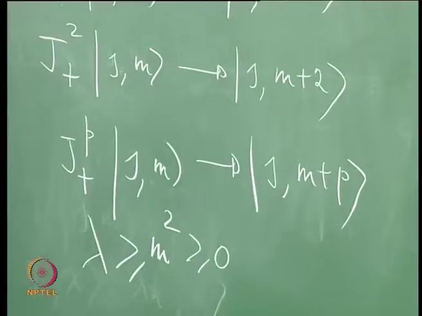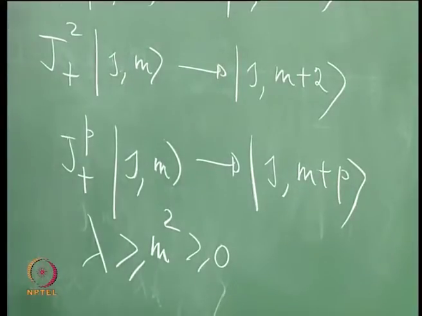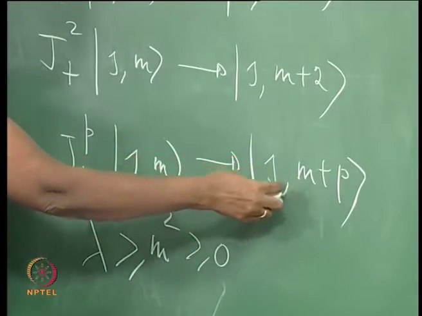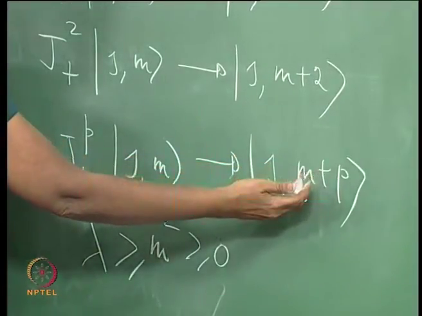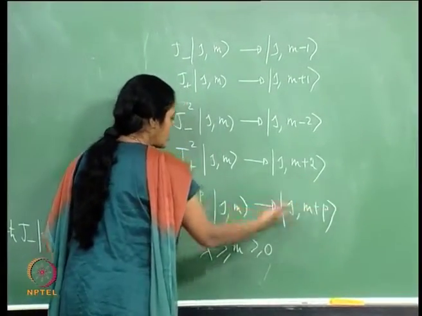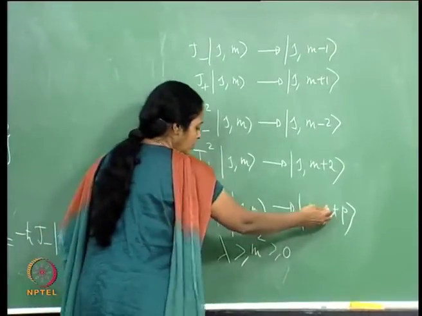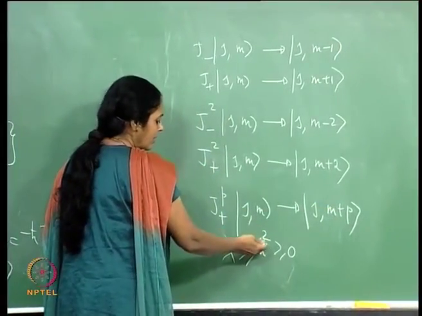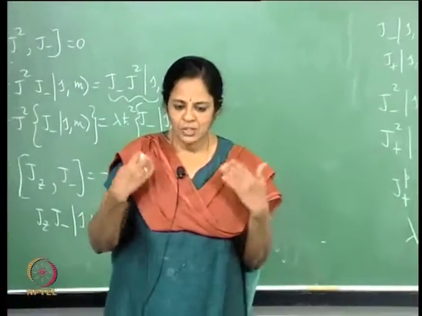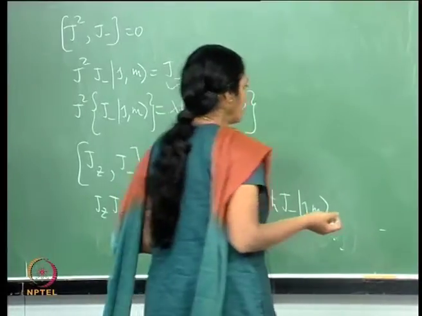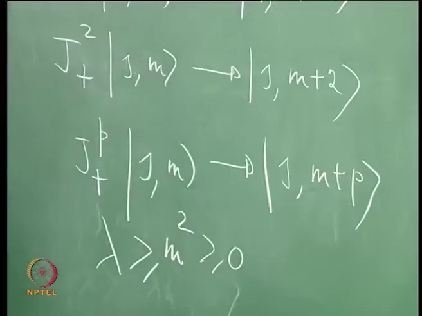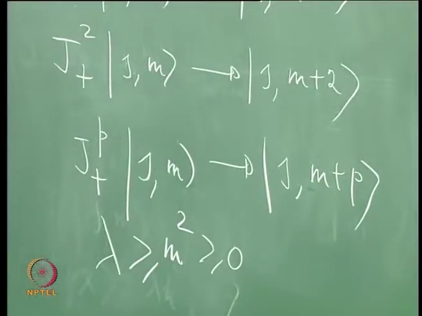We began there. So you see, this cannot be increasing indefinitely, because if I denote m plus p by m prime, there should come a stage corresponding to some p where m prime squared cannot be greater than lambda. So there must be an upper value beyond which J plus cannot increase the third component value by 1.